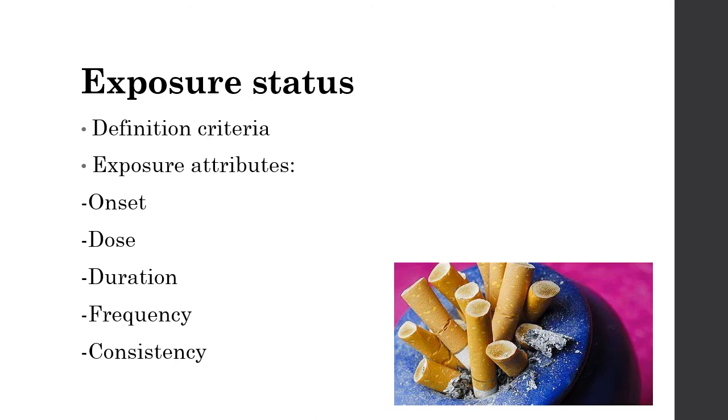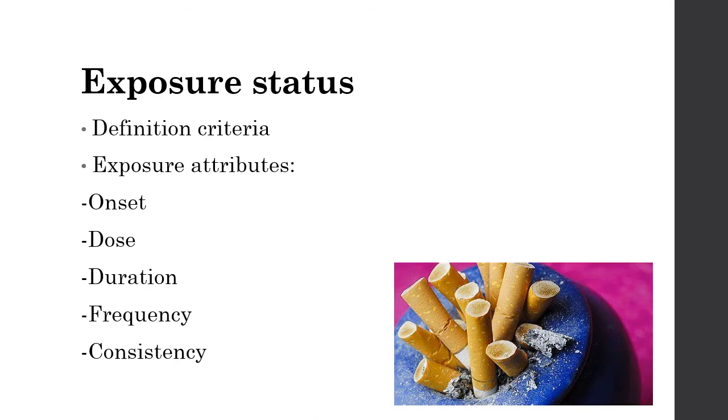So you have to be very clear, and then you have to give more specification to the exposure, given that it can change over time. Like the onset, does it matter who will be in your exposed group if it's smoking?